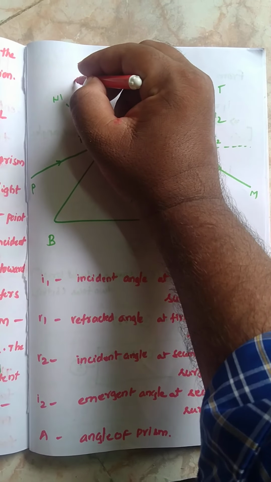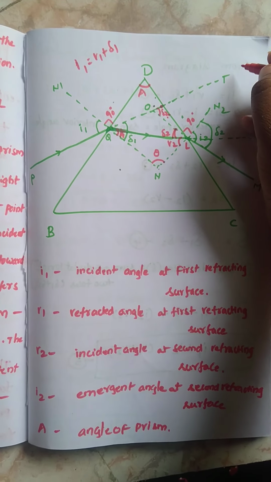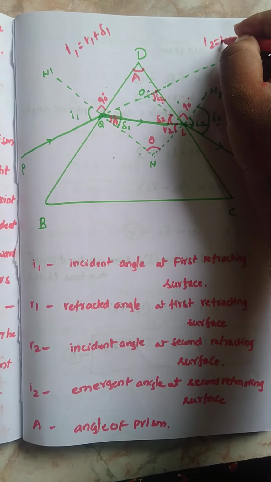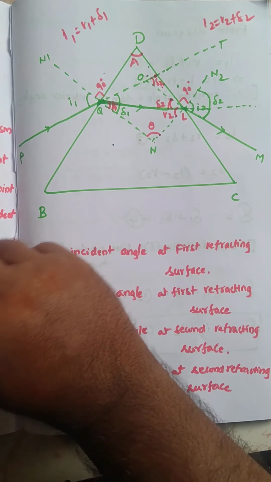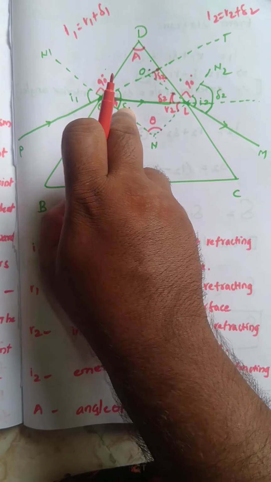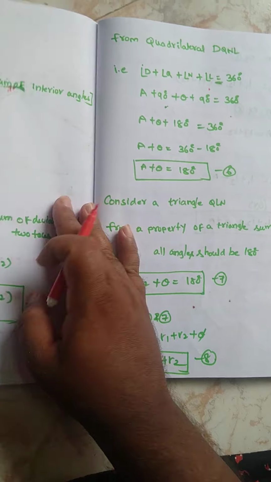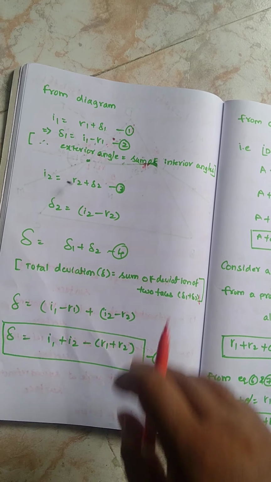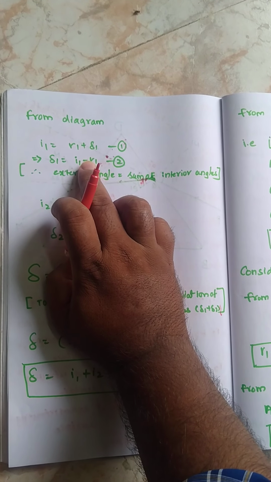So I write I1 equals R1 plus delta 1 and I2 equals R2 plus delta 2, because the exterior angle equals the sum of the interior angles. This red line is R1 and delta 1, and R2 and delta 2 with I2. So from the diagram, I1 equals R1 plus delta 1, then delta 1 equals I1 minus R1.